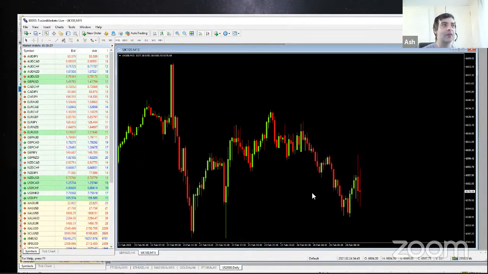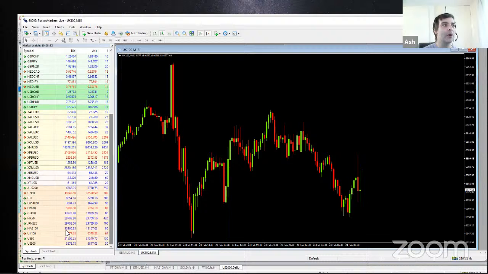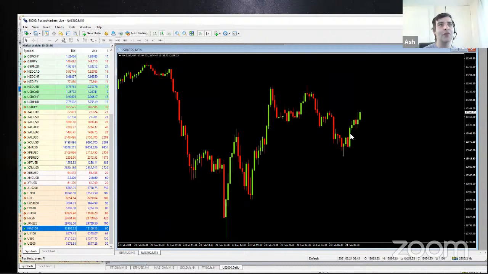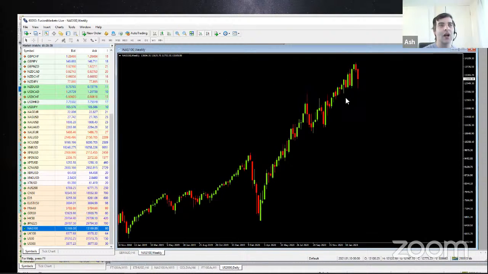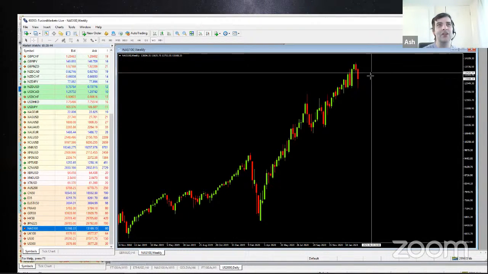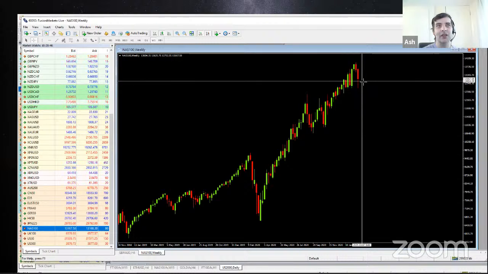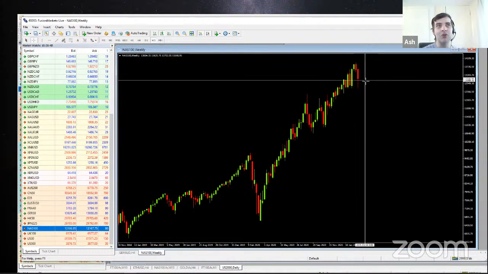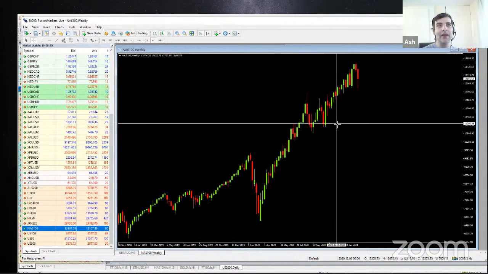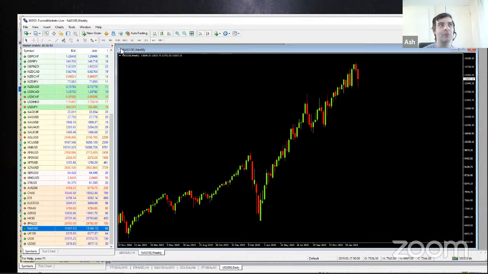But this is the thing about this stuff: the Nasdaq does look under pressure, but a lot of these Nasdaq stocks are still really attractive. Look at this on the weekly chart. It doesn't really look like much, does it? We're talking about big moves to the downside, but professional investors aren't going to be bothered about a move like this.